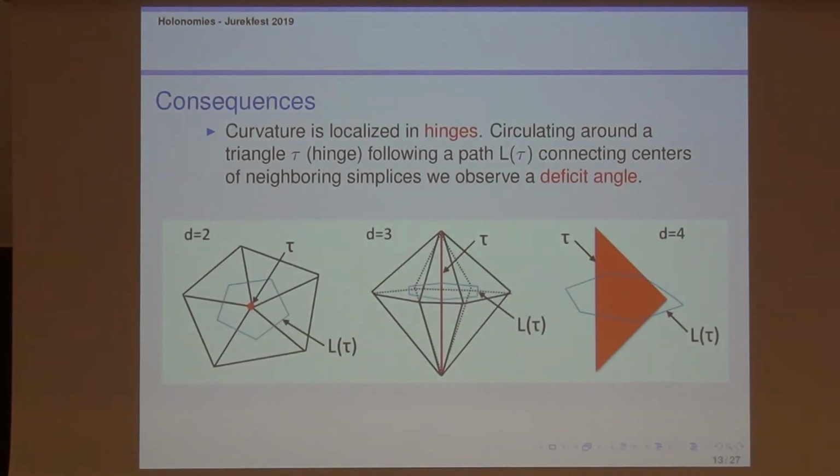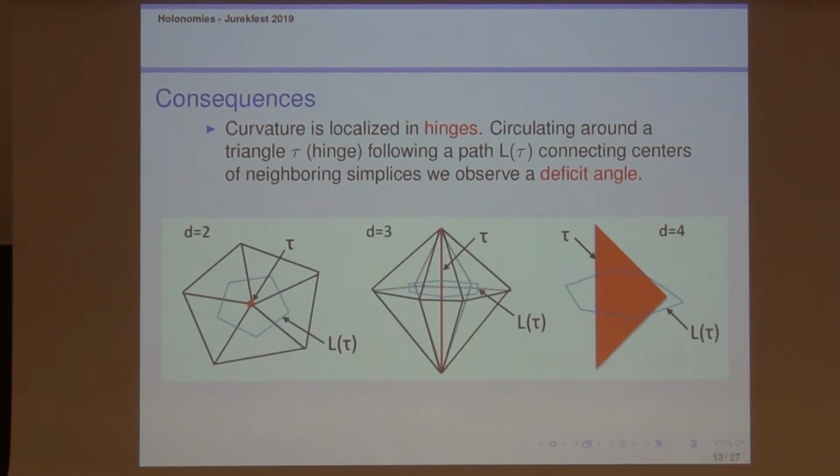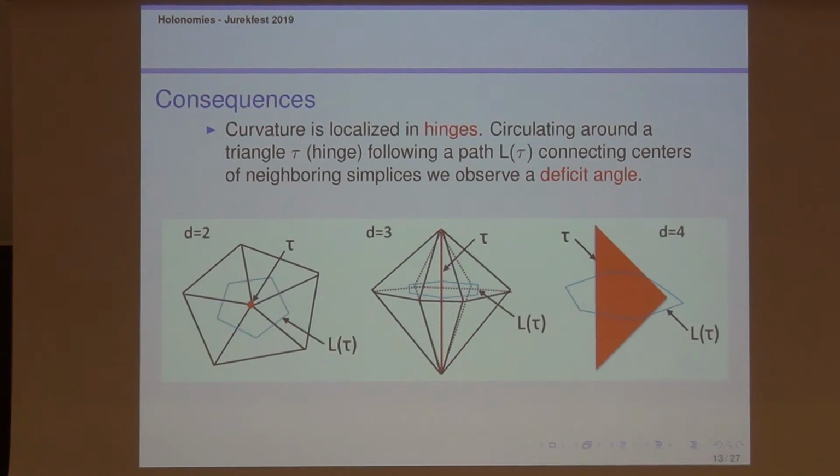The consequence of discretization is that a typical object from the point of view of geometry, curvature, is rather singular. It is localized in the hinges of this triangulation. Here are examples of such a structure in 2, 3, and 4 dimensions.